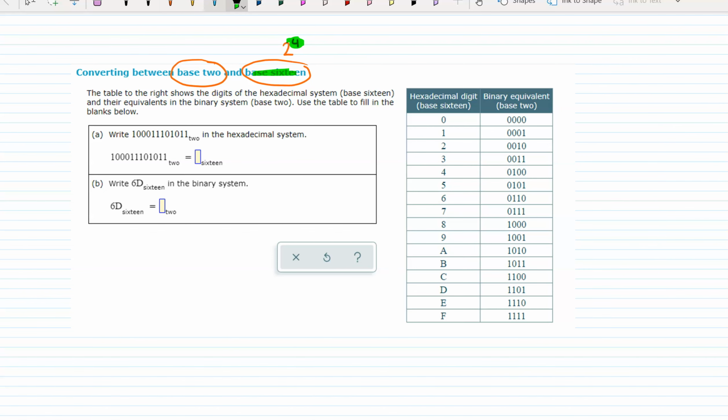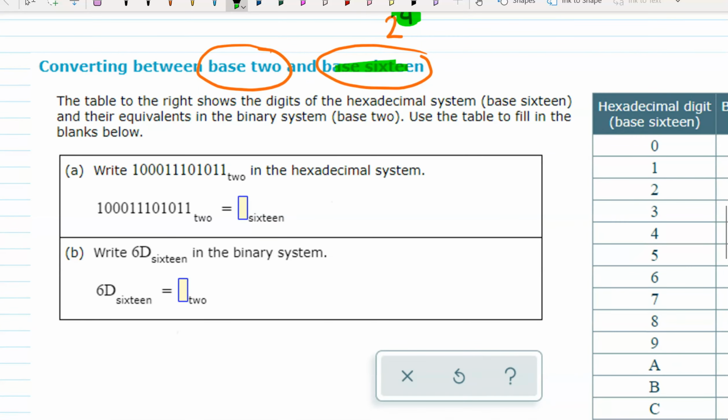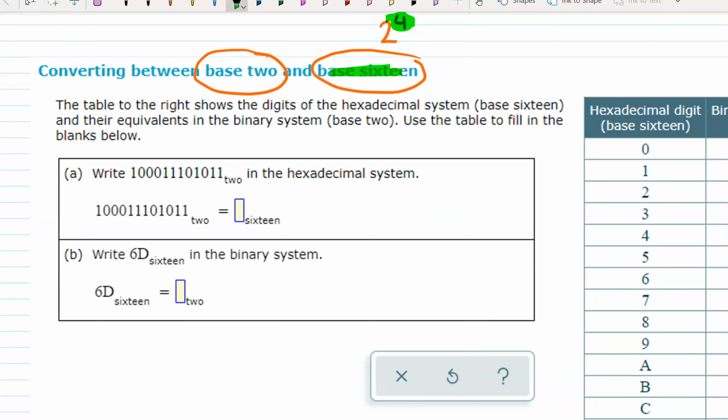So I'm going to take this number here, 100011101011, and I'm going to start from the right, and I'm going to take 4 at a time. So 1, 2, 3, 4 in green. Oh, that's kind of hard to see. Let's do another light color. Okay, and then 0, 1, 1, 1 is the next 4.